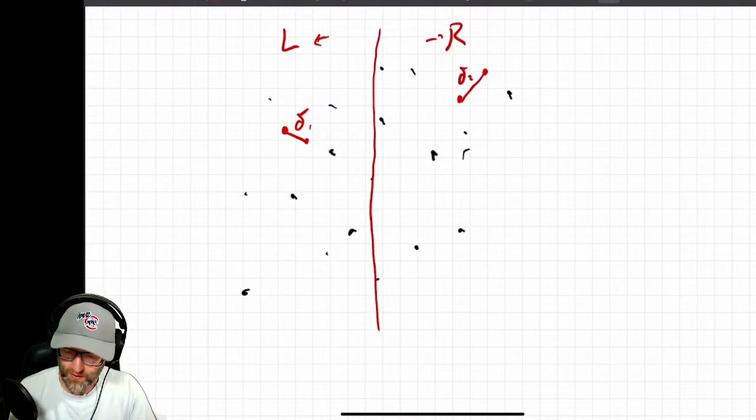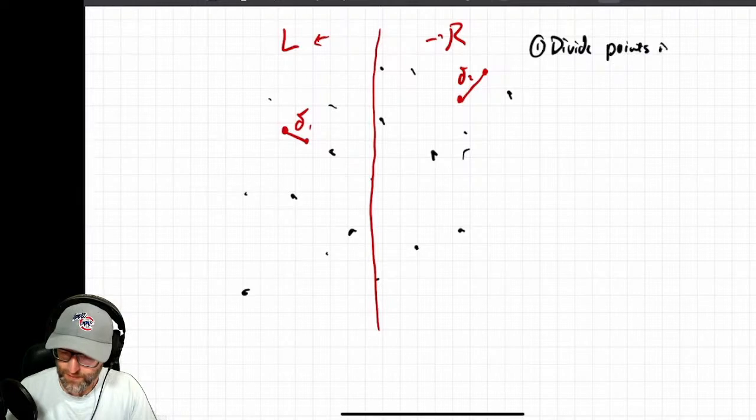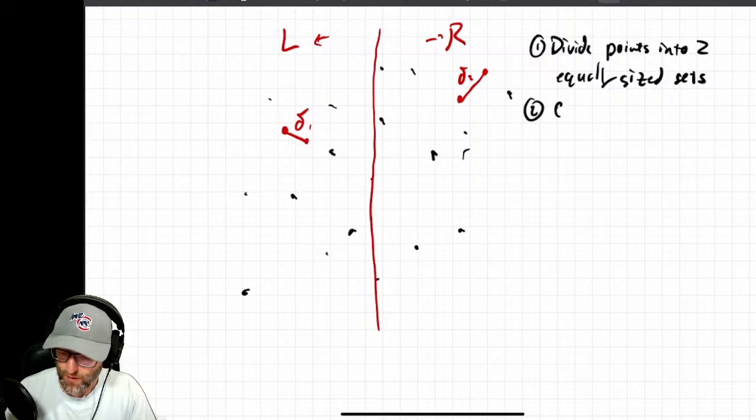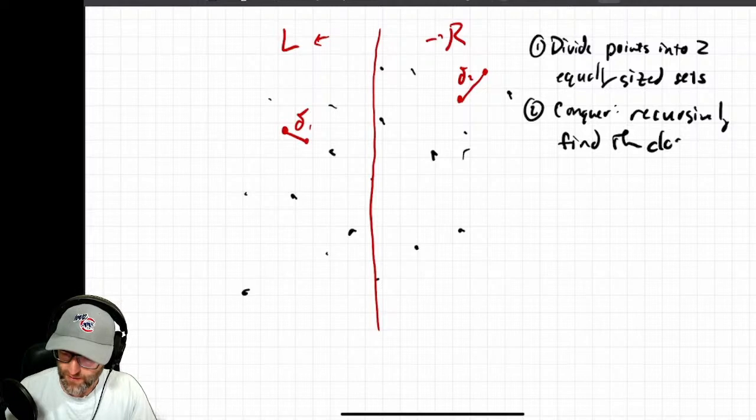So, again, what I'm doing here is: 1, divide points into two roughly equal, equally sized sets. 2, recursively conquer: find the closest pair in each set.